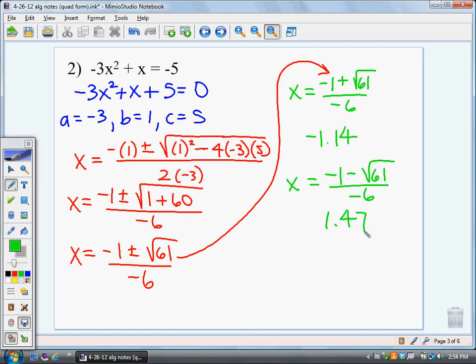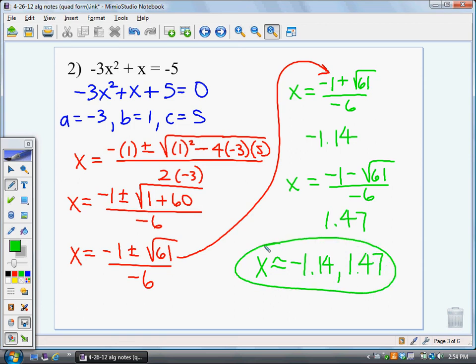And so that just means that x is approximately equal to negative 1.14 and 1.47. And again, this particular parabola is going to cross the x-axis at negative 1.14, so a little bit to the left of negative 1, and around positive 1.5.